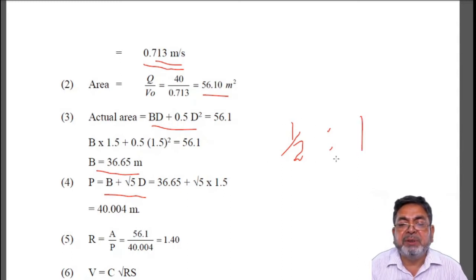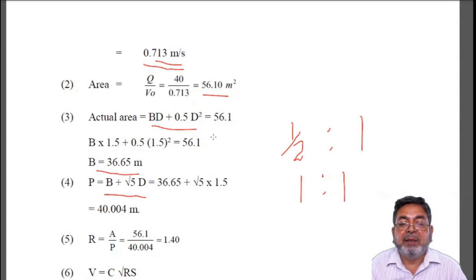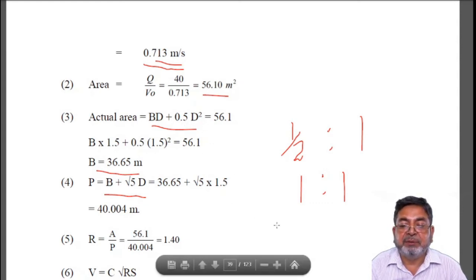If this slope is changed, then this expression will also be changed. And I am telling you here, if suppose the slope is given as 1 is to 1, then what will be these values? Then in the area equation, this 0.5 will vanish.